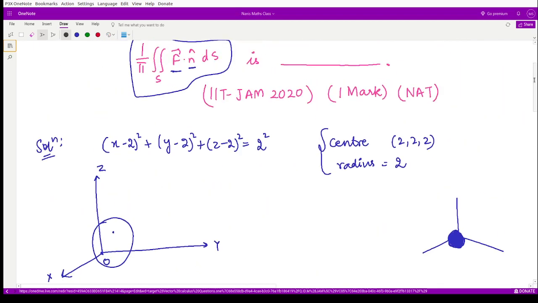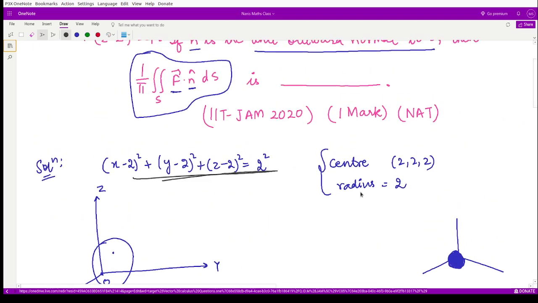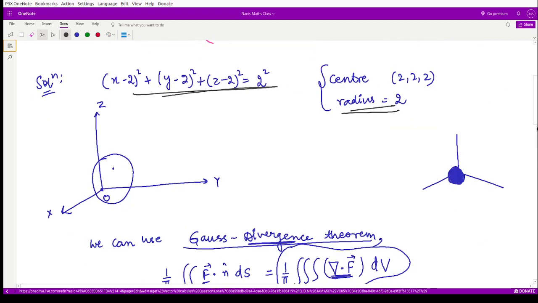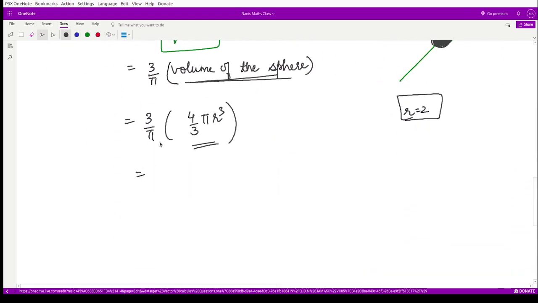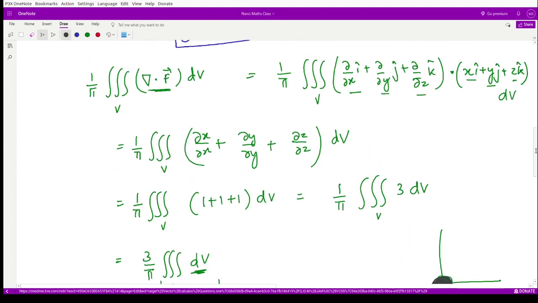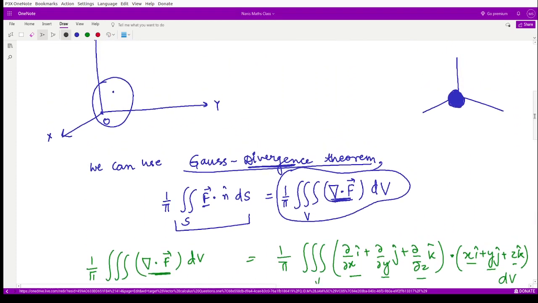Therefore in this case, the 3 and 3 cancel, and pi and pi also cancel, so instead of r I can write 2 cube. So this would be 4 into 8, so our answer would be 32. So 32 is the value of the surface integral which we have calculated using the Gauss divergence theorem here.